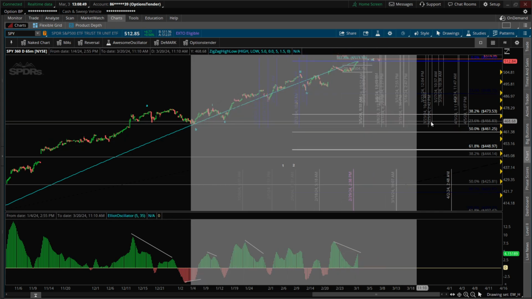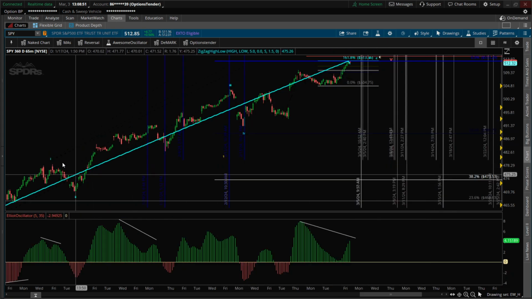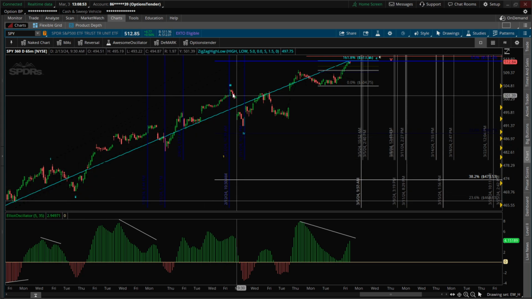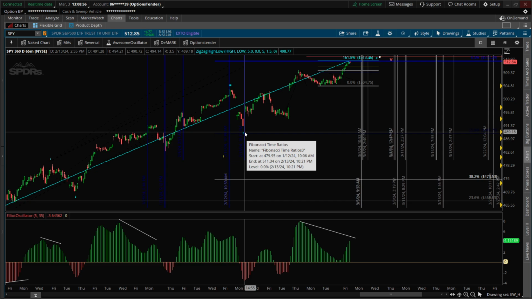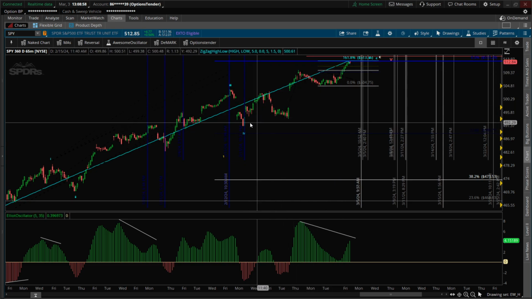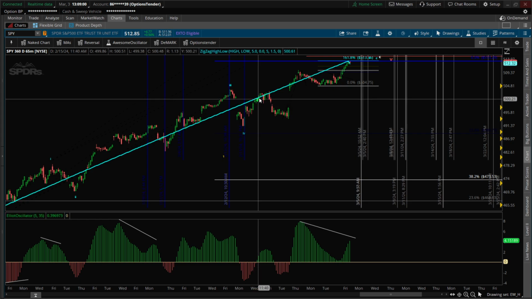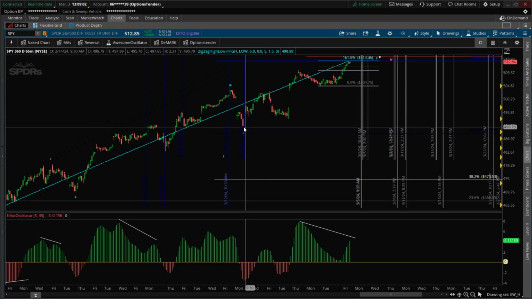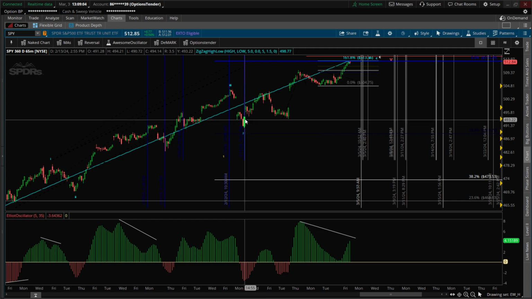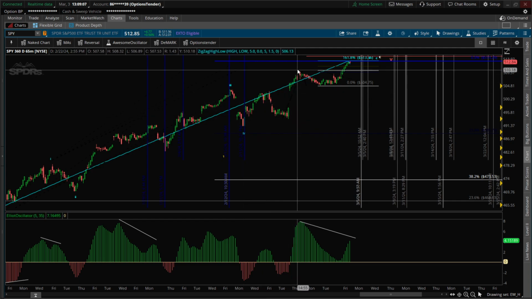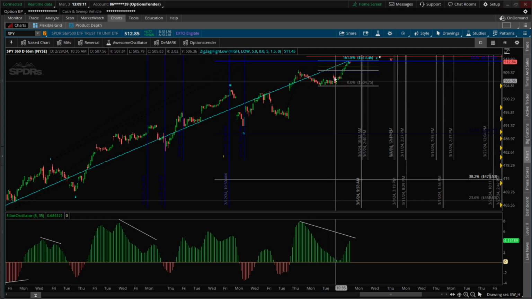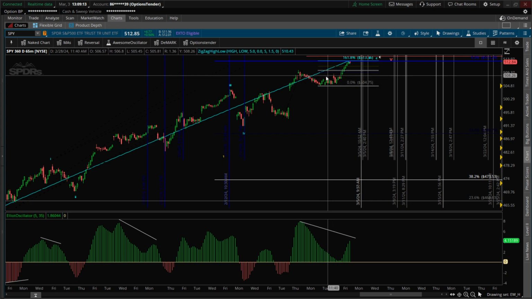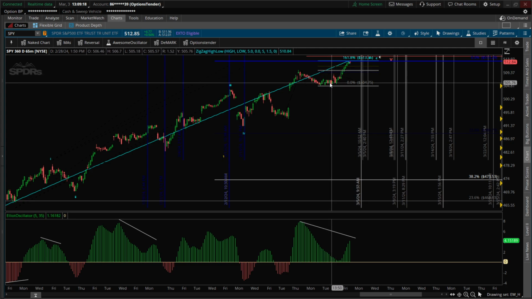All right, so let's dig in here just a little bit more. So you have the 1, 2, 3, wave 4, and into wave 5. On this last move, in my opinion, this is a 1, 2, 3, 4, and we're in the last moves of 5. We have the wave 1 here. It looks like an ending diagonal where we have an A, B, A, B, C for 1. It doesn't matter.